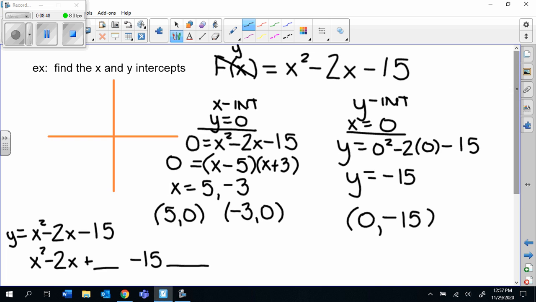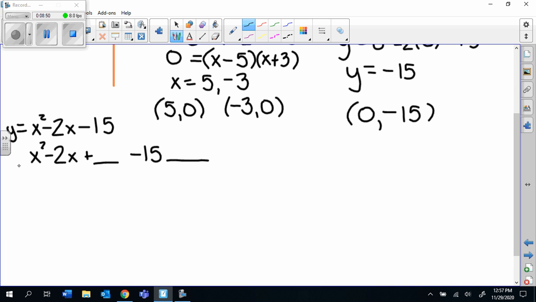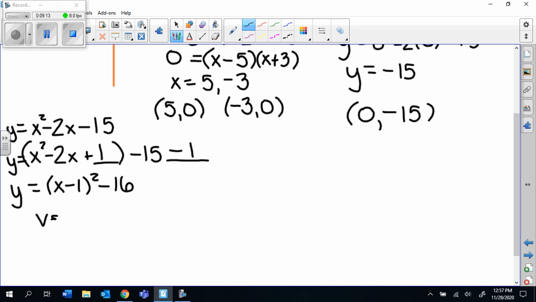This is not what the problem asked us to do, I'm just pulling it all together here. Half of negative 2 is negative 1, squared is 1. If I write a positive 1 here, I would have to write a negative 1 here to balance that. So we would have (x - 1) squared, subtract 16, which means my vertex would be at (1, -16).